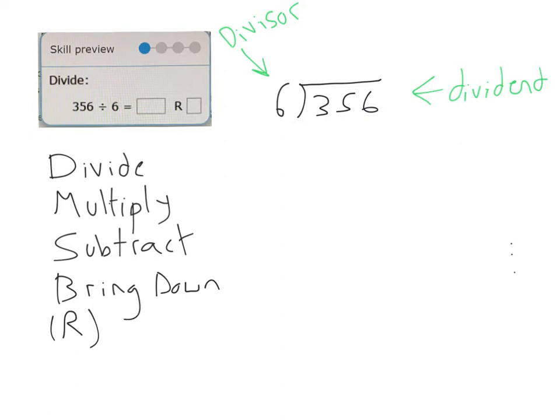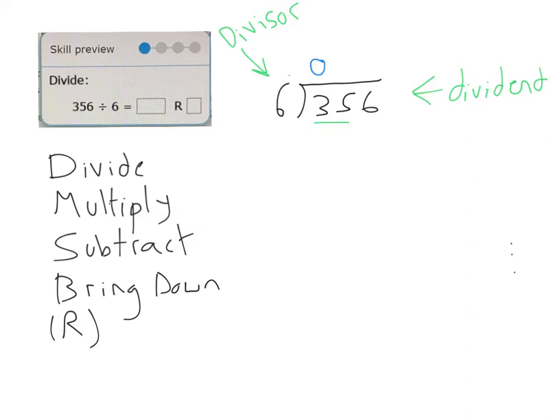If you are comfortable, you can switch over to looking at 35 as a whole instead of just 3. But by all means, you can also do this, and it might be helpful as you're beginning, because it is important where you put the numbers on top in order to get the answer correct. So I'm going to put a 0 here and do the steps anyhow. I've divided: how many 6s can I take out of 3? 0. My next step is multiply. 0 times 6.